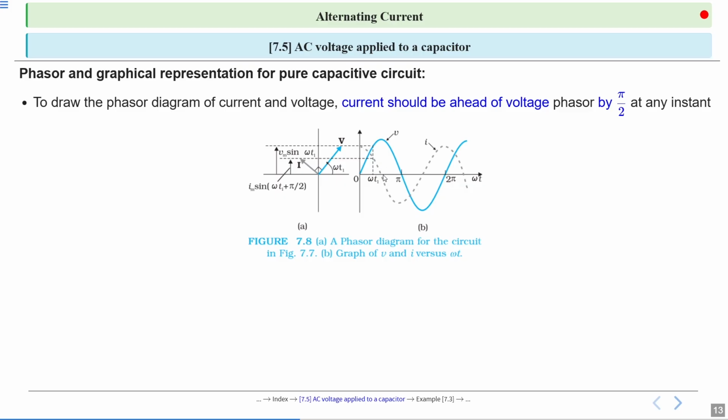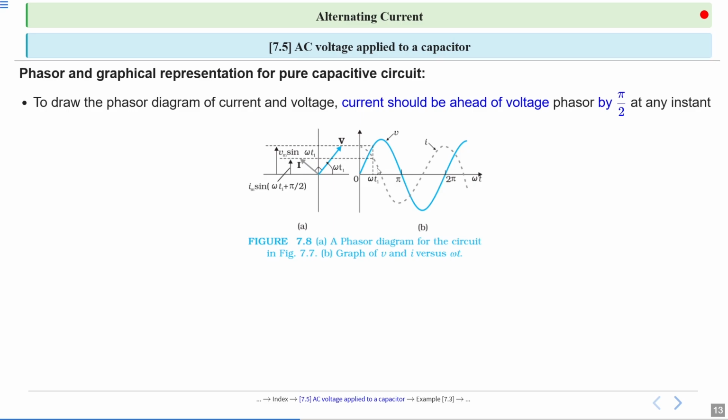Okay, if you want to see the zeros, voltage is 0 at t equal to 0, or we can say omega t equal to 0. At omega t equal to pi by 2, current is 0.